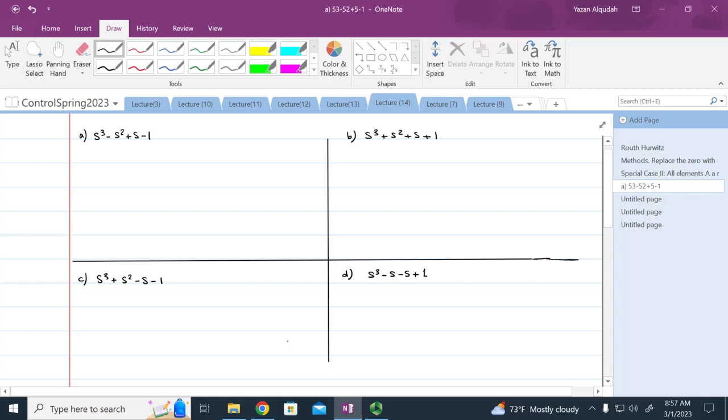can I have you do them and tell me for each case how many roots are in the right half plane? Some of these will have a row of 0, so you're going to differentiate the row above it.